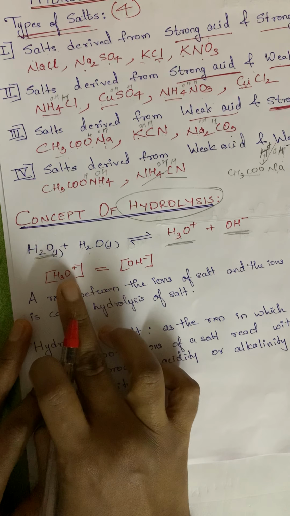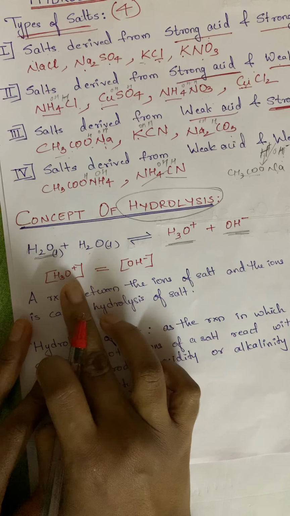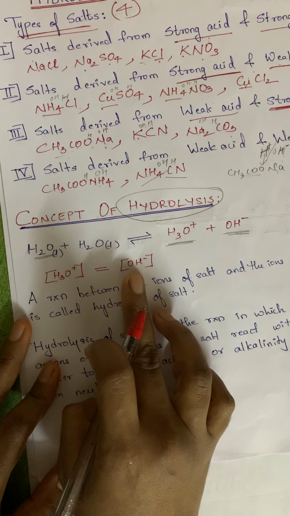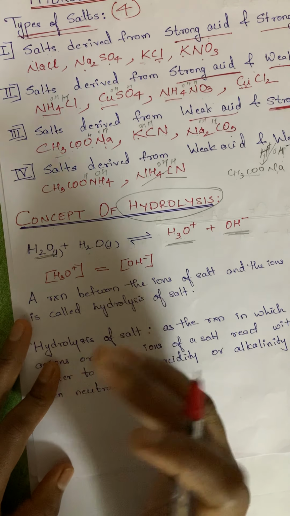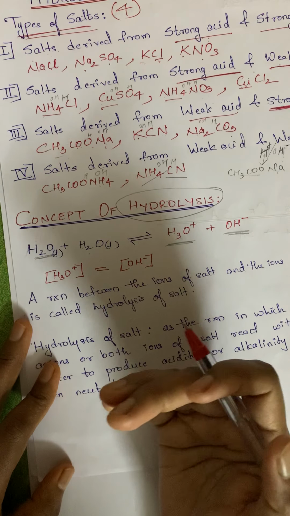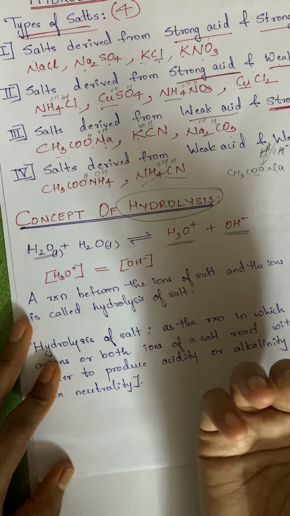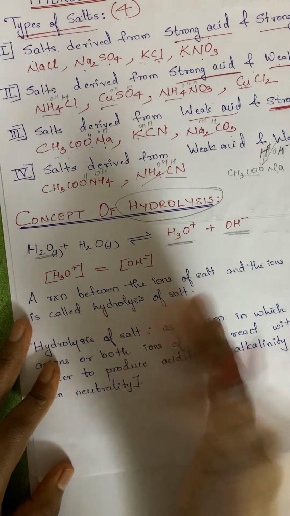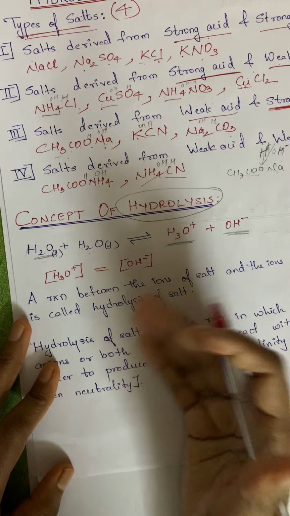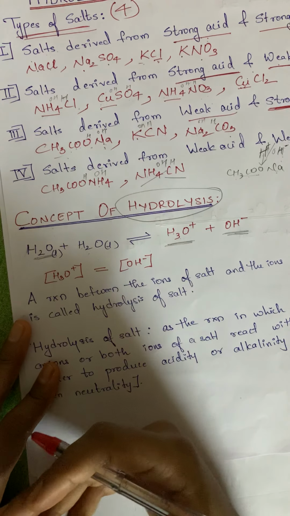If the equality of hydronium ion and OH minus is disturbed, then the solution will become acidic or basic, or sometimes it will be neutral as well, depending upon what kind of salt we are adding.